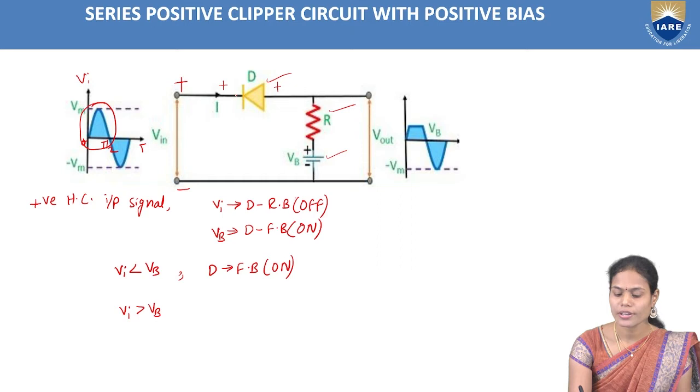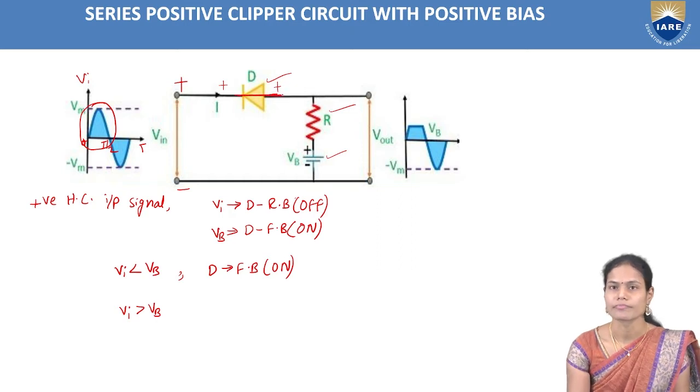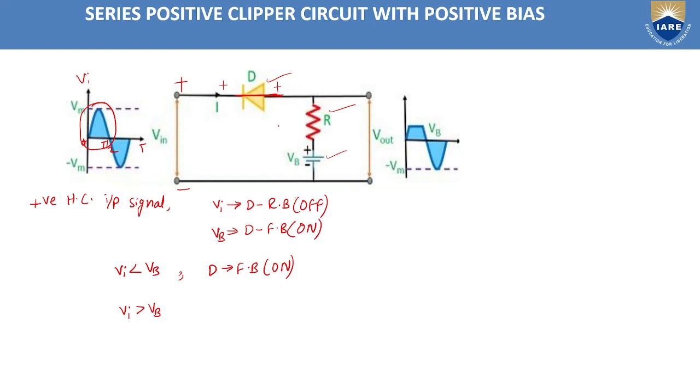So once the diode is conducting, there is no drop across the diode.